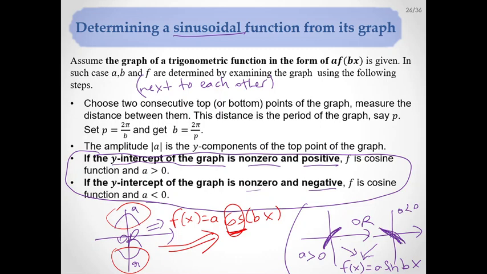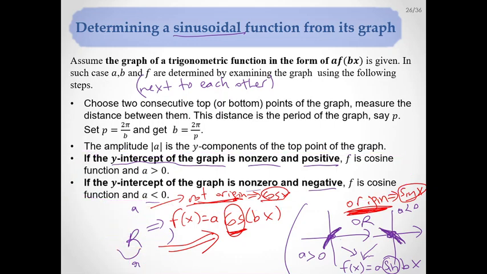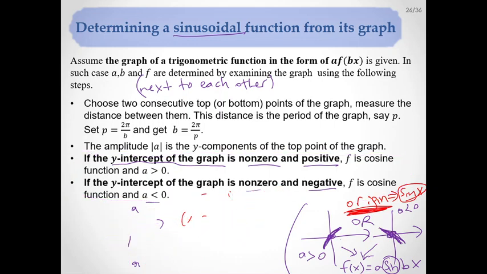But passing through the origin definitely tells you it's sine. Origin implies sine, okay? Not origin implies cosine. What's the difference? Cosine is not passing through the origin, but sine is always passing through the origin.